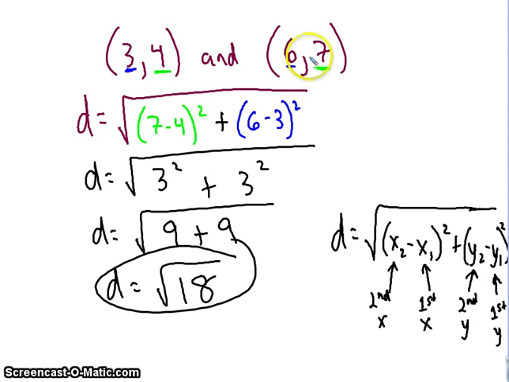Okay? So this would be the second y, and this would be the second x. This would be the first y, and this would be the first x. Now you know it's first because it's first. This one's second. Got it? We could switch them around. It doesn't matter. Okay?